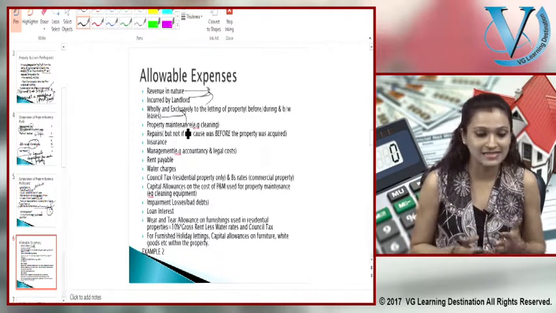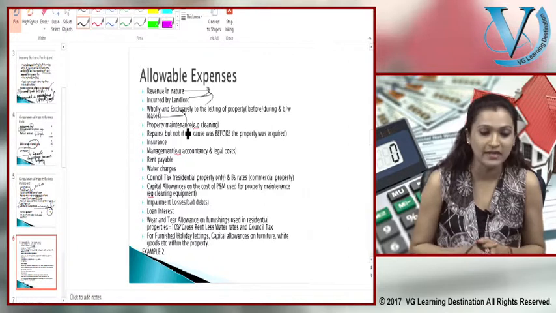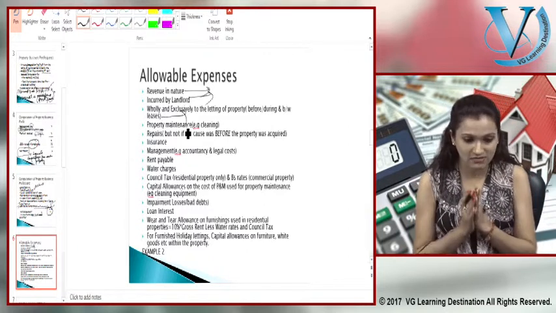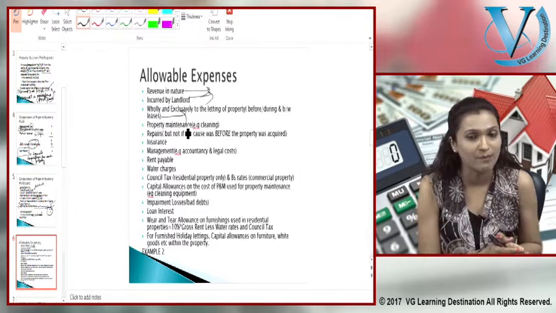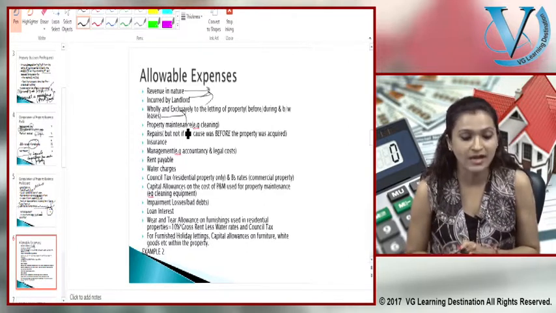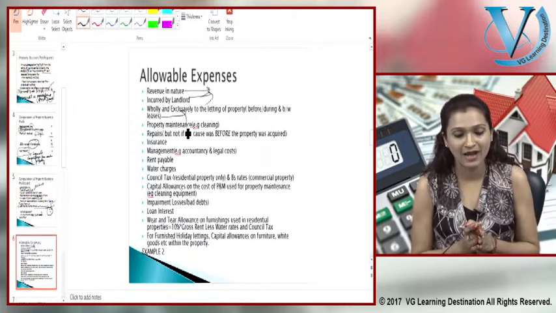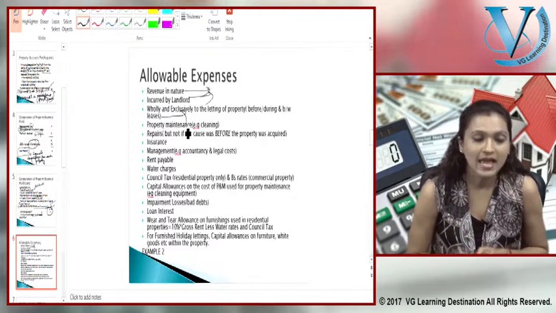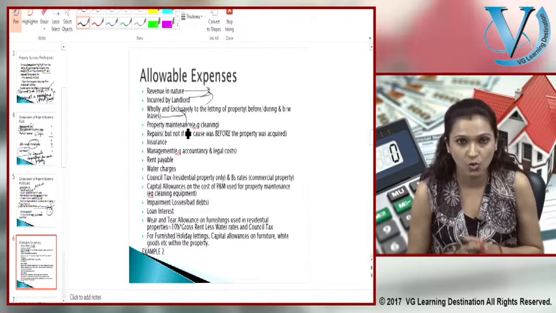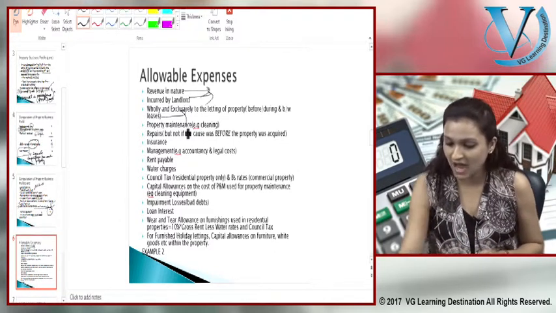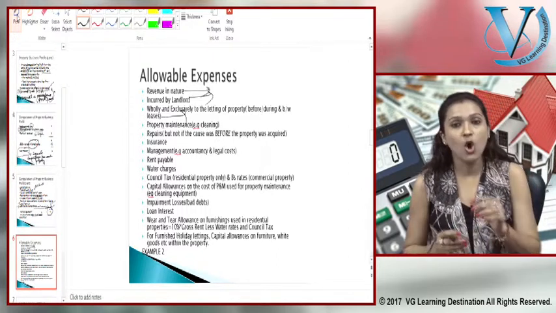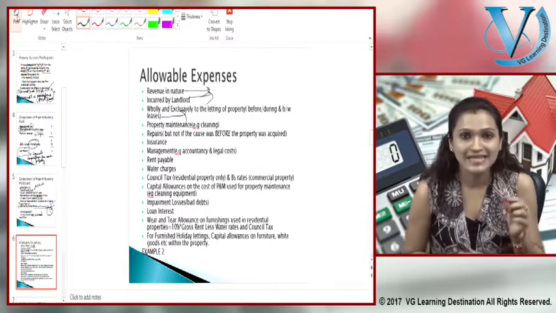Other expenses include insurance, management, rent payable, water charges, council tax for residential properties, business rates if it is a commercial property, capital allowances on the cost of plant and machinery for property maintenance, impairment losses which are also known as bad debts, and any loan interest. Now all of these are very general in nature, and you'll be able to claim them as wholly and exclusively incurred for the said property.